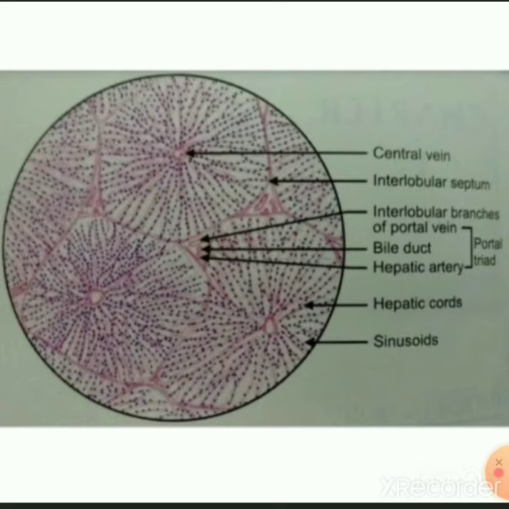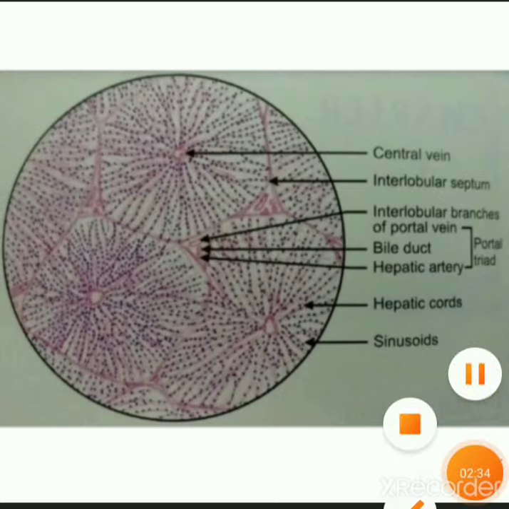In the central part there is the central vein, and at the peripheral region, in each of the corners, you can see the connective tissue which forms the portal triad. In the portal triad there is the portal vein, hepatic artery, and the duct. Each hepatocyte is arranged like irregular cords, and these cords are separated by a space called the sinusoid. So this is all about the histology of the liver.